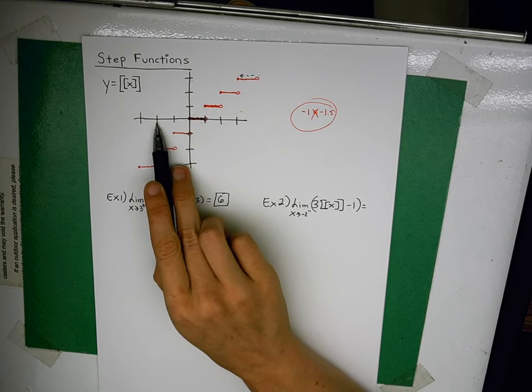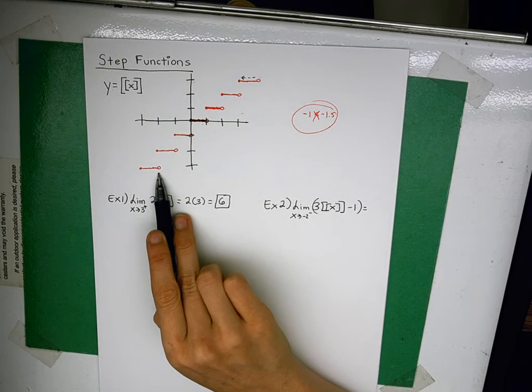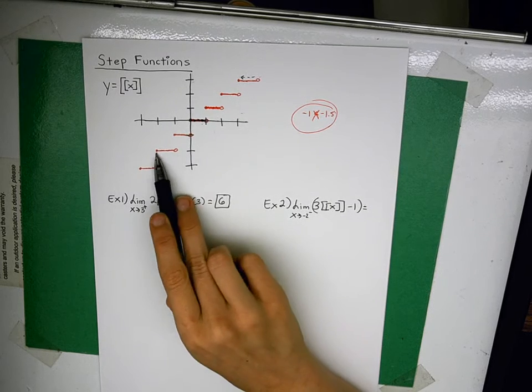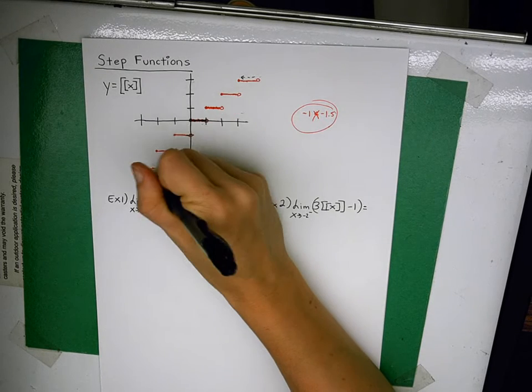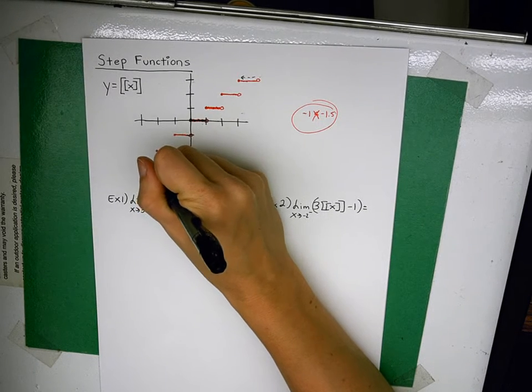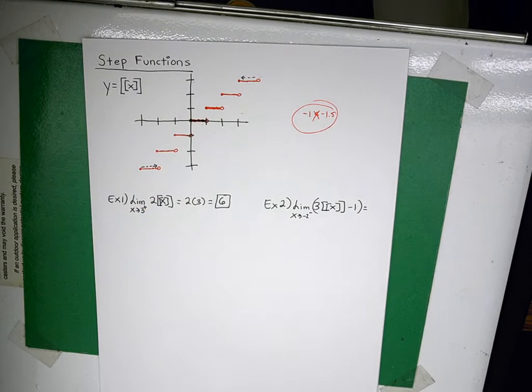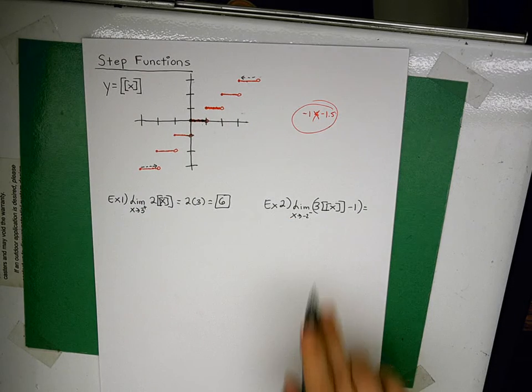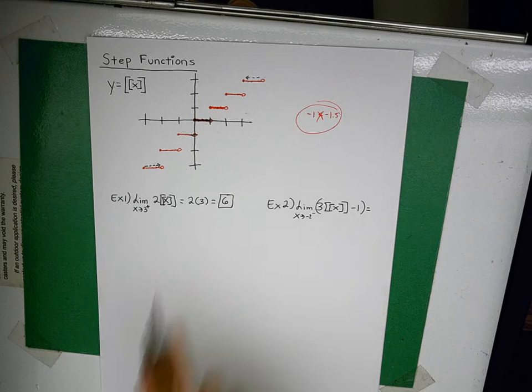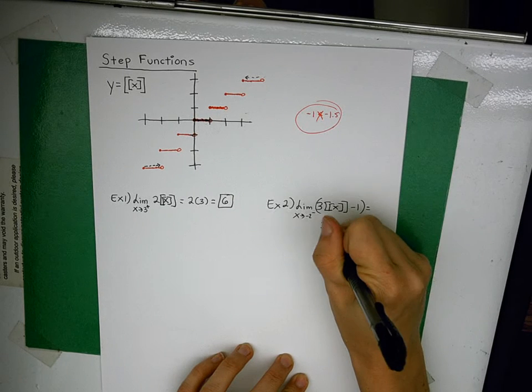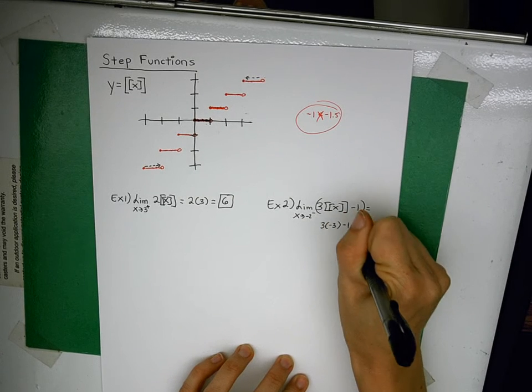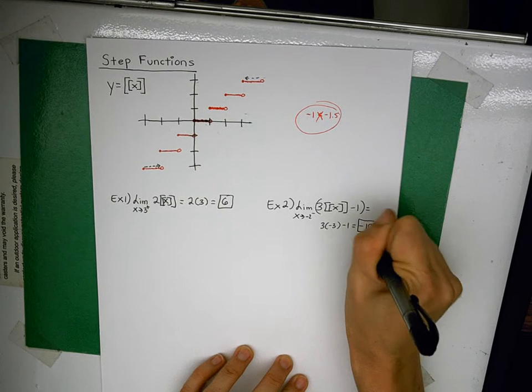Well, negative 2 from the left, here's negative 2. From the left would be this function here. I'm sorry, this function here is from the left, which is at negative 3. So this is going to be 3 times negative 3 minus 1, which is negative 10.